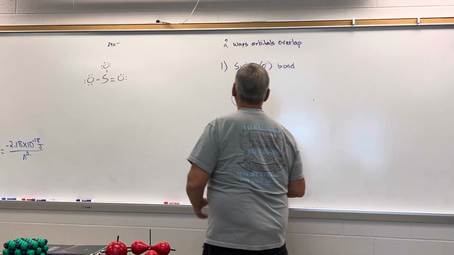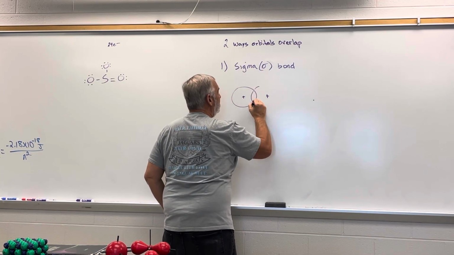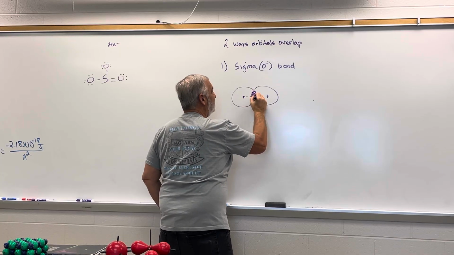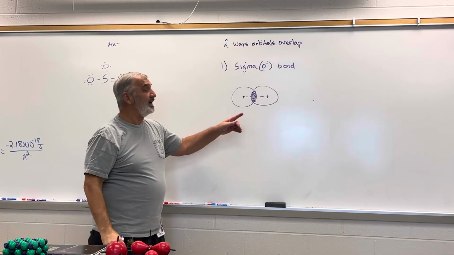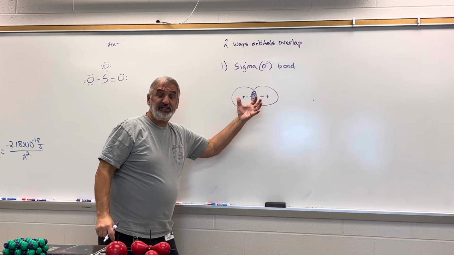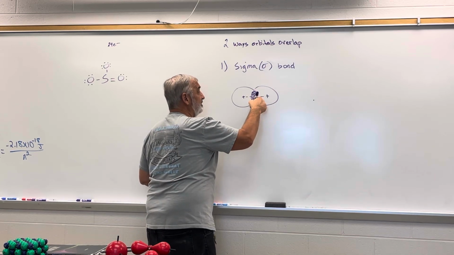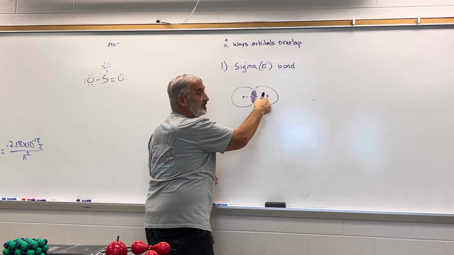In a sigma bond, if I take an s orbital, I overlap it with another s orbital. Here's the overlap of the electrons. It lies on a line drawn between the 2 nuclei. The actual bond, what makes it a covalent bond, what holds them together, is that the electron from this atom is drawn to the nucleus here, and the electron from this atom is drawn to that nucleus.